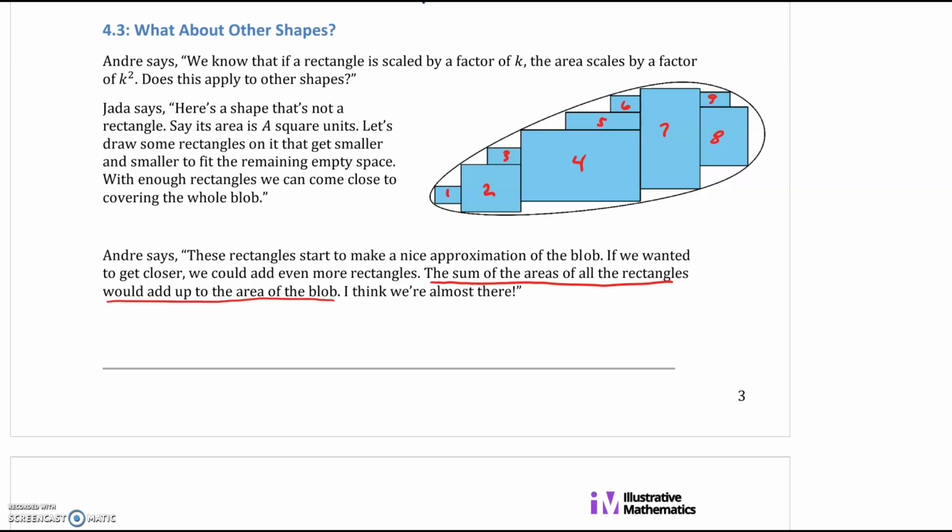Now, I would think that if we want the total area that these rectangles cover, if we just find the area of each individual rectangle and add those areas, that would be the area covered by all of these rectangles.